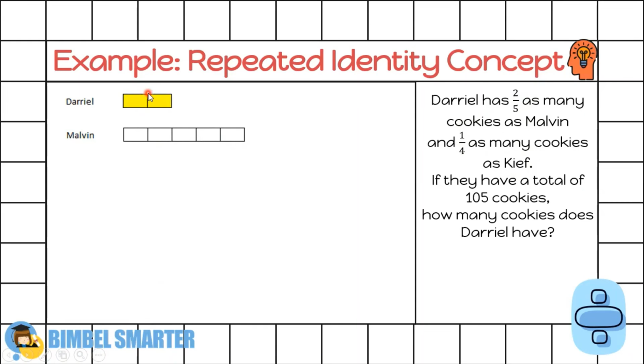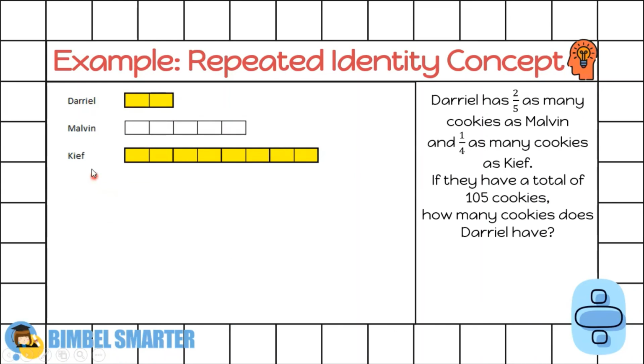So these 2 boxes represent 1/4 of what Kief had. That means we need to times 4. What Darriel has, we need to times it with 4 to represent Kief's cookies. Therefore, it will be like this. I draw 8 boxes to represent Kief's cookies, because Kief has 4 times what Darriel has.